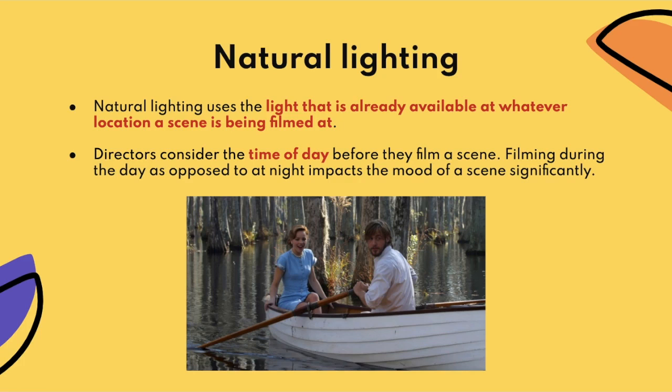So think about the effect of filming during the day and filming during the night. Perhaps it has something to do with the mood of the scene, and perhaps it also relates to the themes that Tim Burton is trying to convey through the lighting.